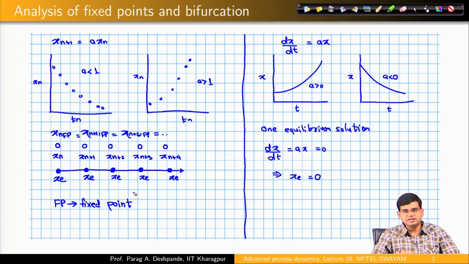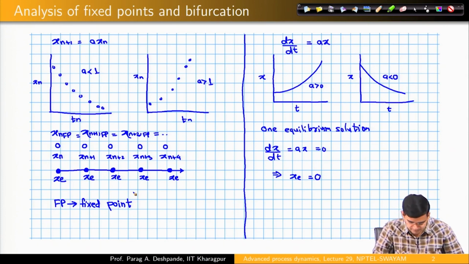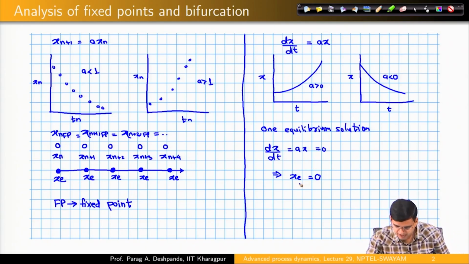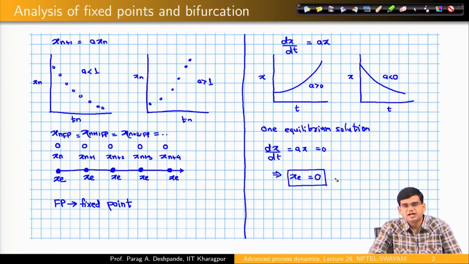In case of a discrete domain system, if you attain fixed point, the subsequent values of the dynamical variable will remain same as that of the fixed point. That is a change in terminology, the physical meaning remains the same. Now, since the continuous domain model had one equilibrium solution x e is equal to 0, I should also get one fixed point for my system.